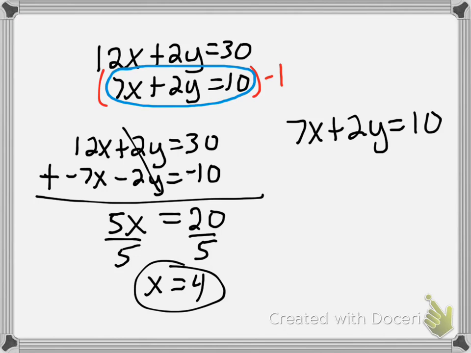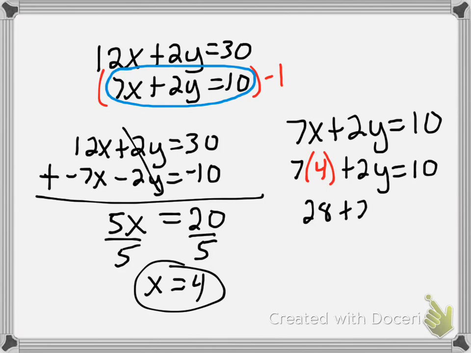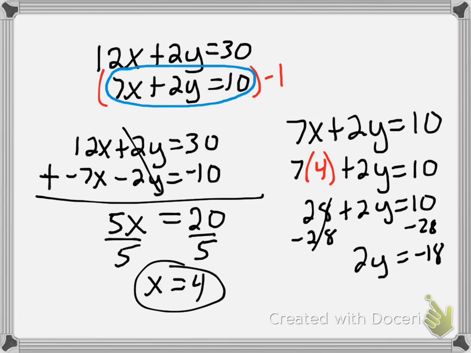So in this one, I know that my x value is equal to 4. So I just substituted in a 4 for my x. So 7 times 4, which gives me 28, plus 2y equals 10. I have to minus 28 from both sides. So I get 2y is equal to negative 18. So I divide by 2. I get my y is equal to negative 9.